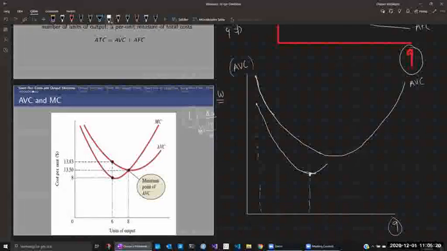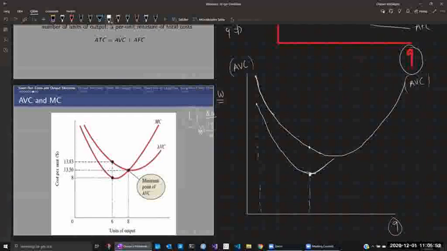But at this point, although the marginal cost starts to increase, it is still lower than the average variable cost, which means that as long as the marginal cost is lower than the average variable cost, the additional unit of output that I produce still decreases the average variable cost, okay?